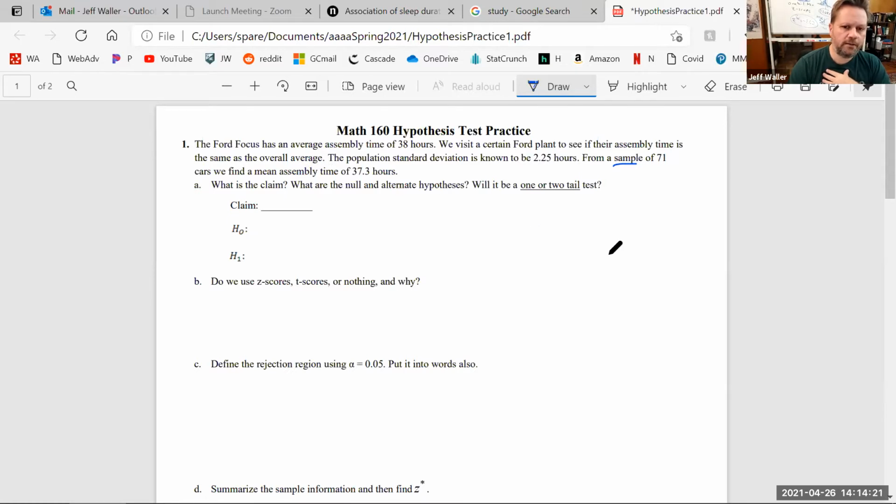So what's the claim that we're checking out? It takes 38 hours to assemble a Ford Focus. The mean is 38. So I really want you guys, does this make sense? Across all Ford plants, the mean assembly time is 38 hours. So of course we're going to do quality assurance, or performance tests.